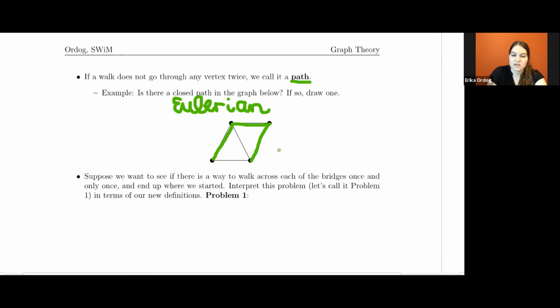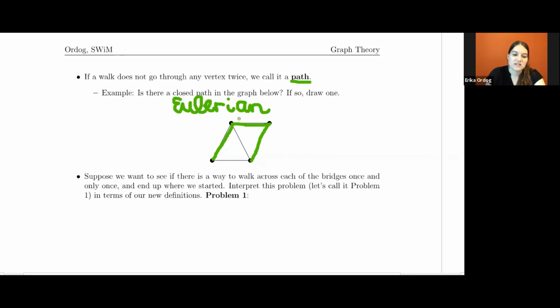So what's the problem here? What can we do to this graph so that there is a closed Eulerian path? Well, let's look at this vertex. And let's think about what has to happen in a closed Eulerian path. If we go visit a vertex, anytime we enter it, we also have to leave it. And we don't want to enter it again, because then we'll be visiting that vertex twice.